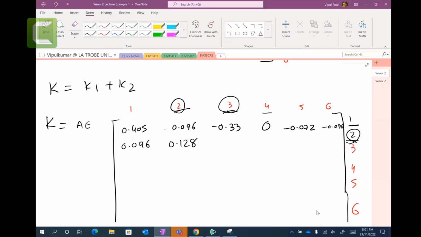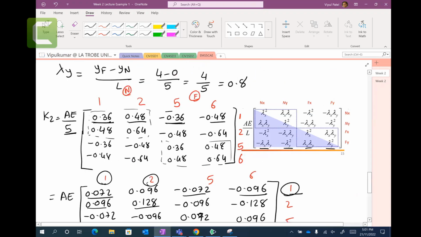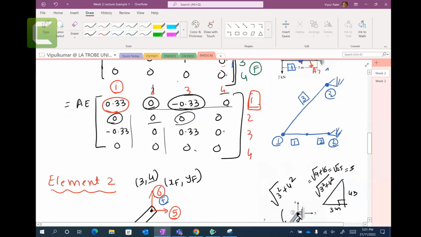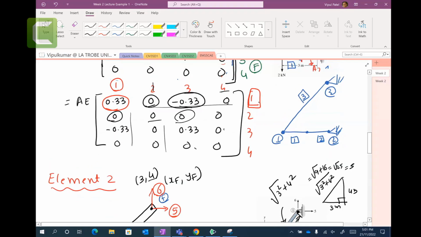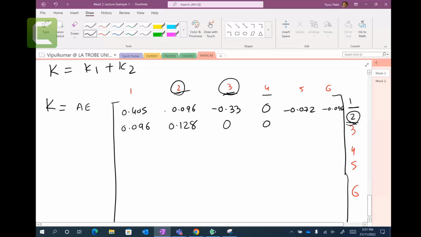Okay, got it. All good so far. 3, 2. There is no 3 here. 3, 2, 0 and 4 to 0 as well. There is no 3, 2 here, so both are 0. 3 to 0, 4 to 0.